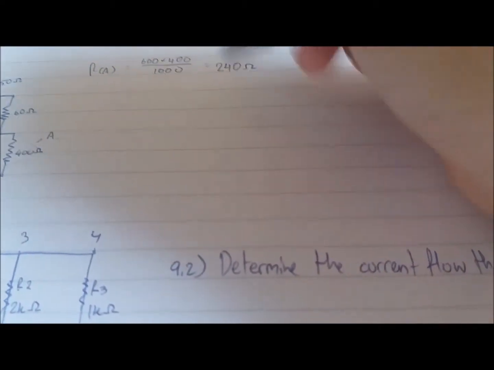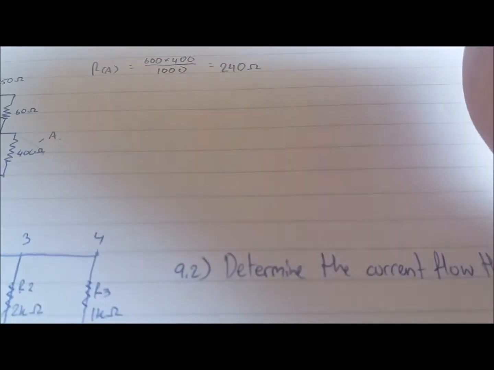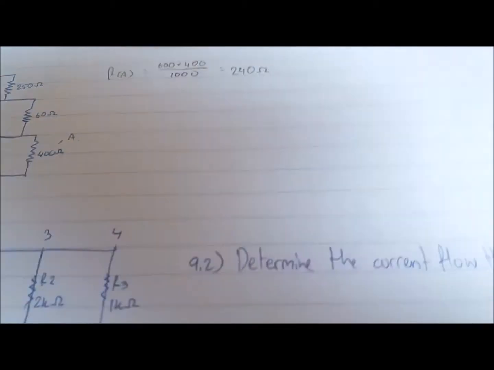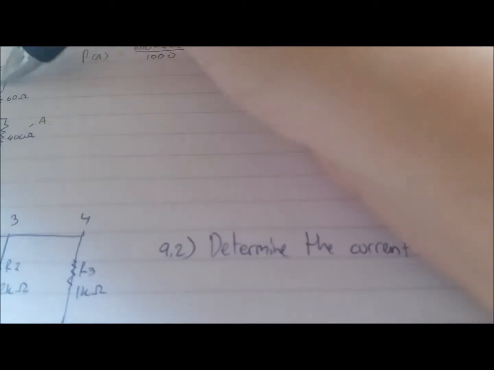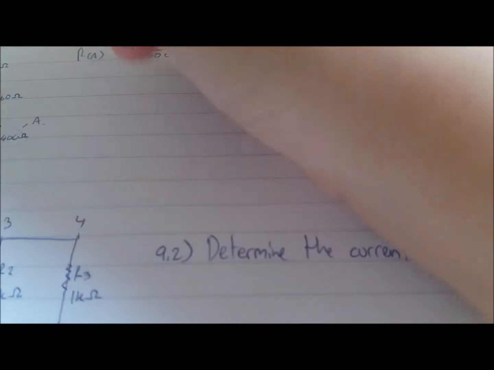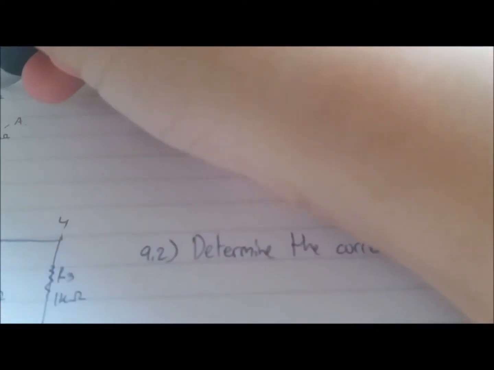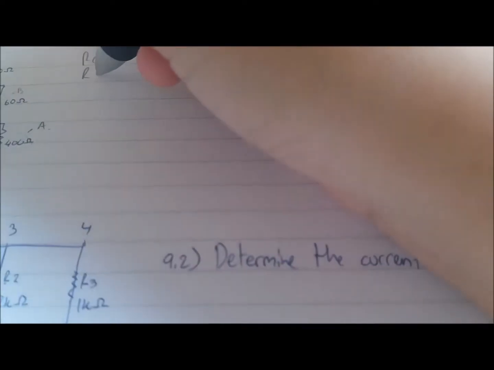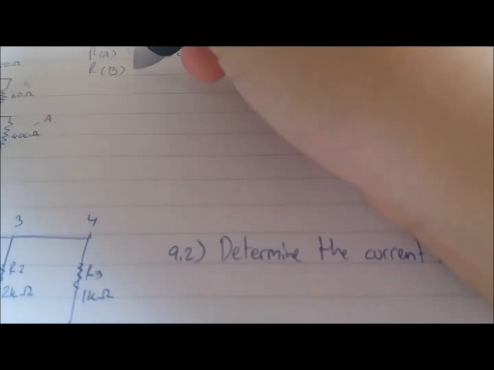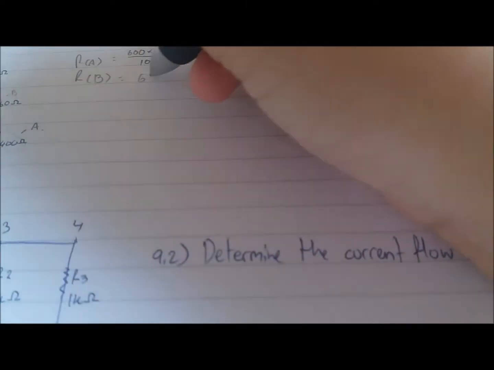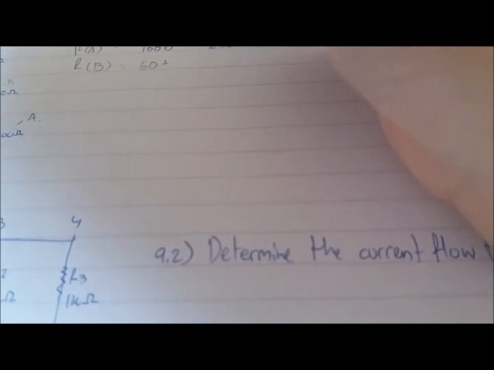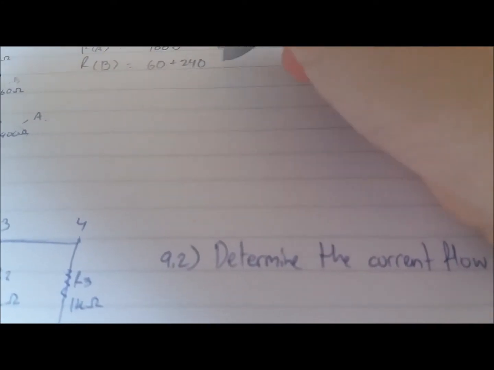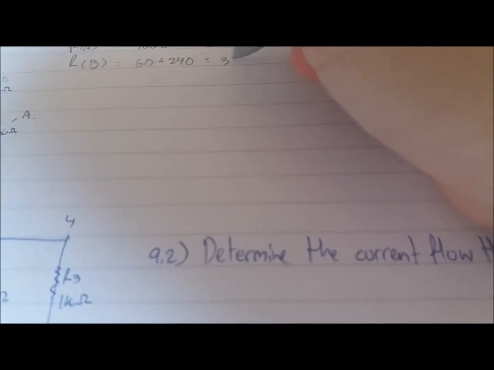But we're going to use the ohms here, and we're going to calculate this specific row. I'm going to call it row B. Row B equals 60. Then we're going to add it with the ohms that we got from the first one, which is 240, equals 300.